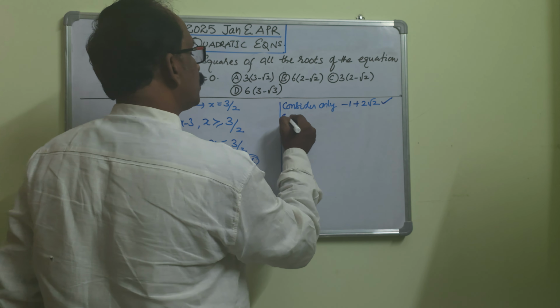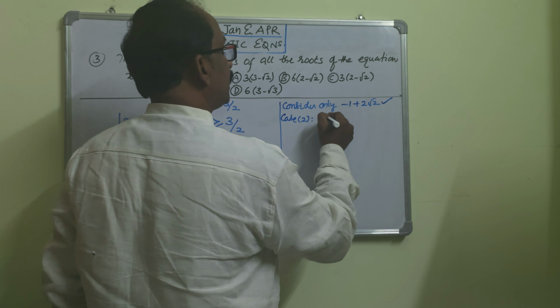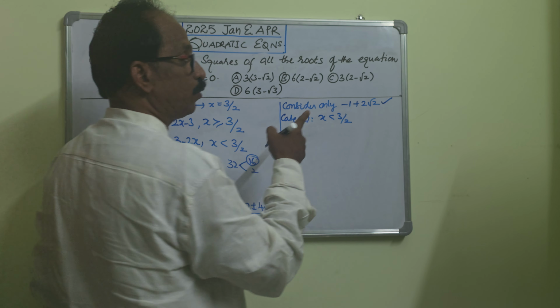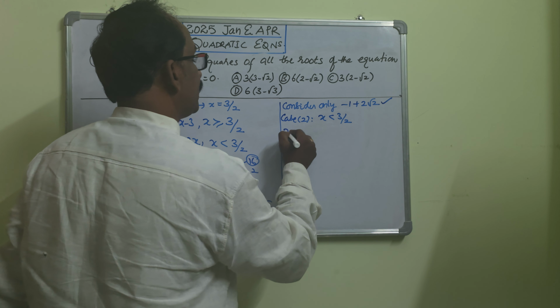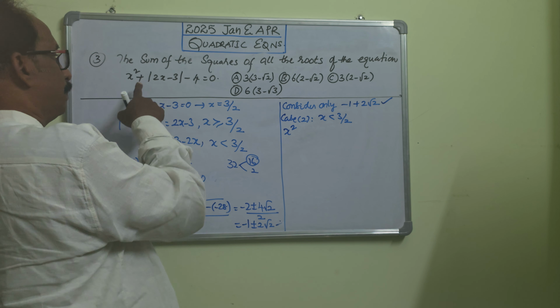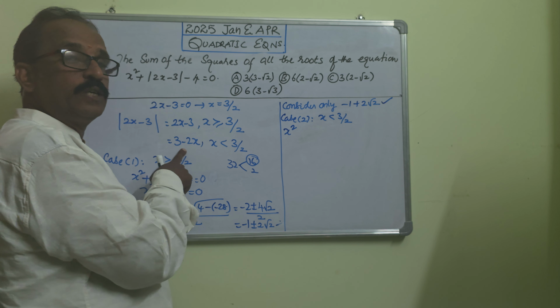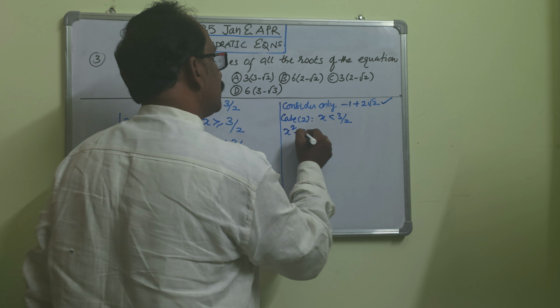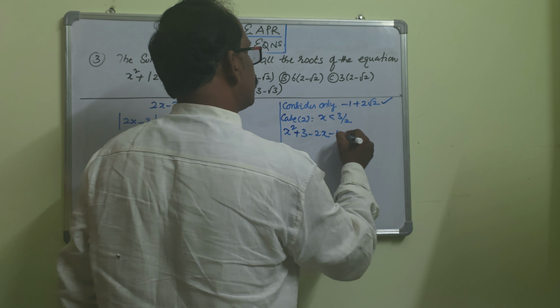Next, case 2. Case 2 is x is less than 3 by 2, means less than 1.5. So x is less than 3 by 2, then the given equation becomes x square plus mod 2x minus 3 becomes minus of 2x minus 3, that is 3 minus 2x, minus 4 as it is.